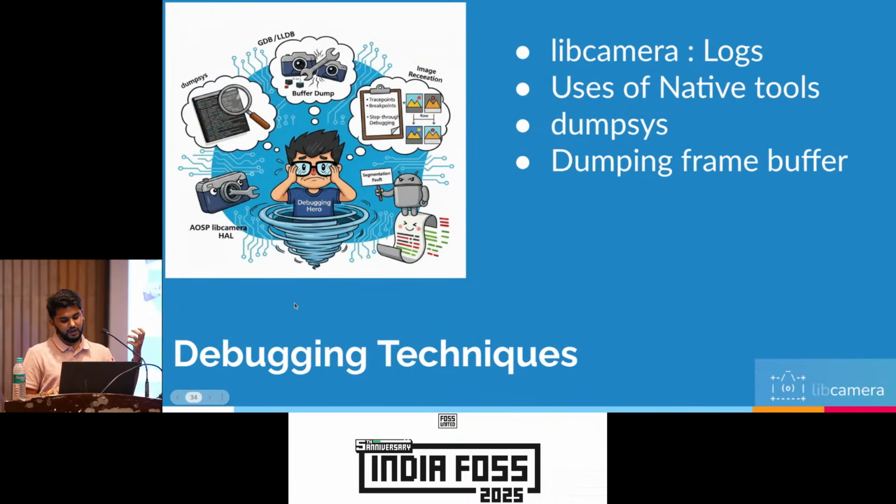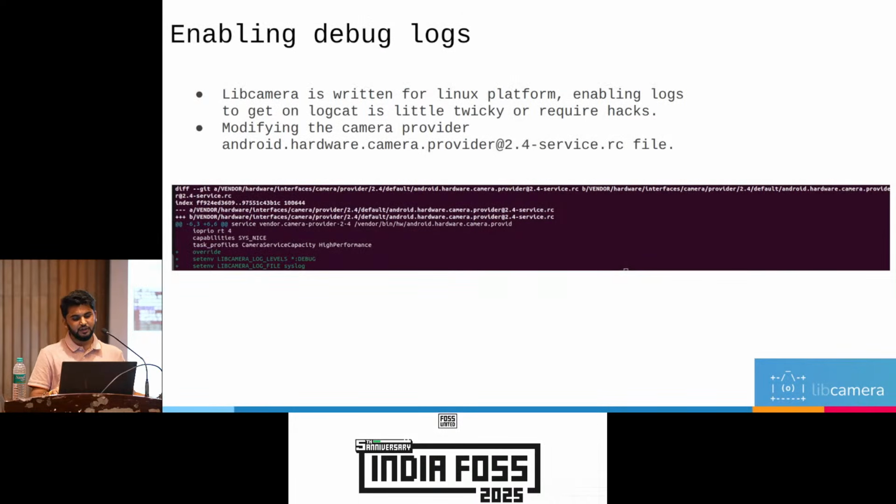And I just want to discuss some things if you want to bring up Libcamera on your SoC. The first thing is how to enable the logs. Really, I spent two to three days just to enable the logs on Android, because the documentation everywhere says it is an environment setting.